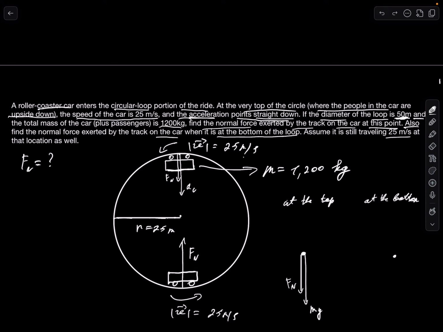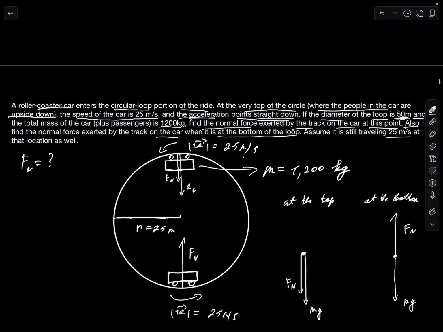Then in this situation, we have normal force upward, because now the surface is at the bottom of the car, not on top of the car. And mg is always acting on any object on Earth or near any astronomical bodies for that matter.